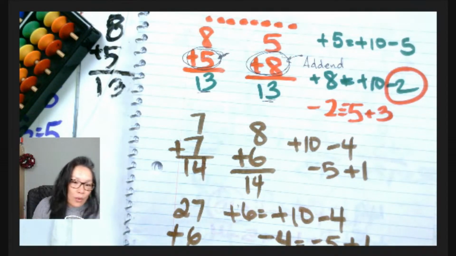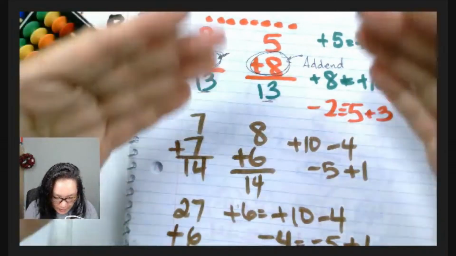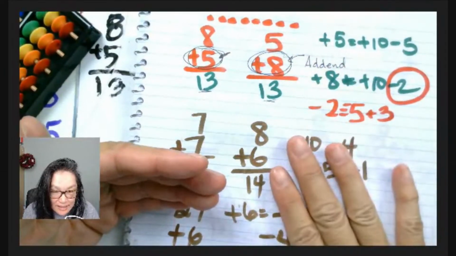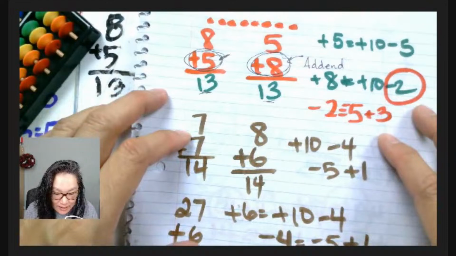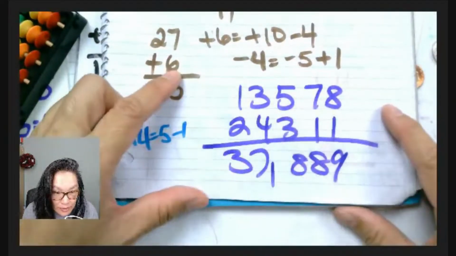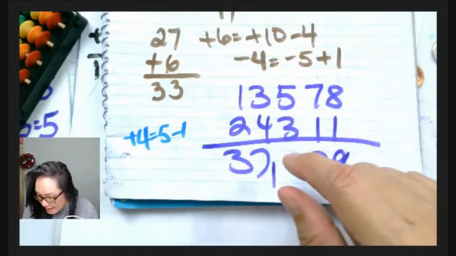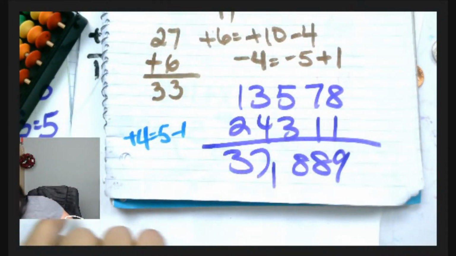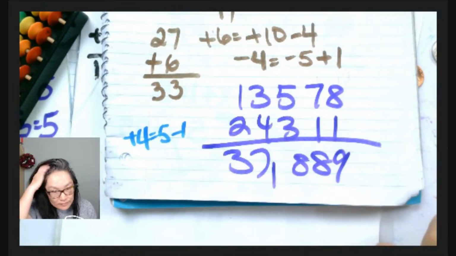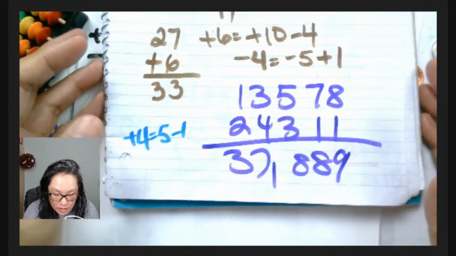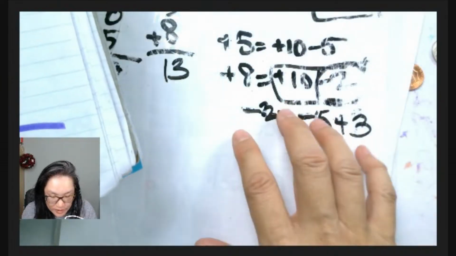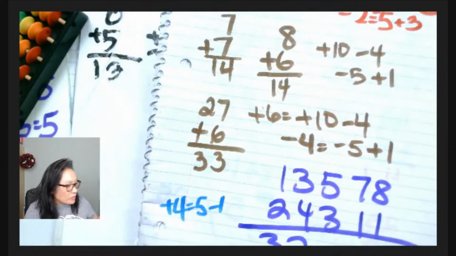But see, when we understand the fundamentals, we know the very basics, then we can scale it. That's where we come into the bigger numbers, and this is actually not scary anymore because we can use the abacus to help us. Make sense? So going back, we just need to understand the fundamentals.